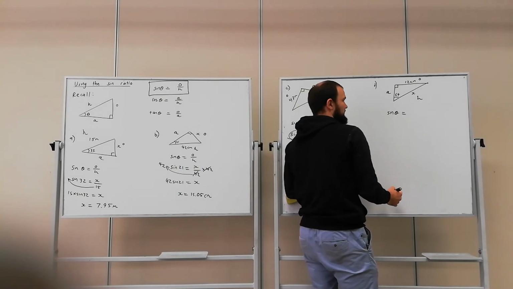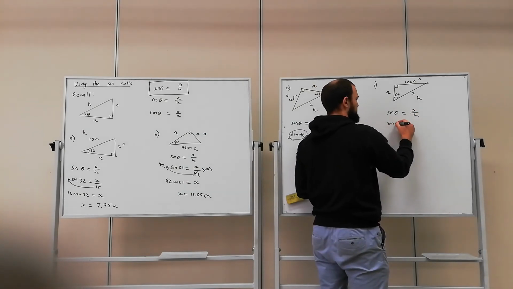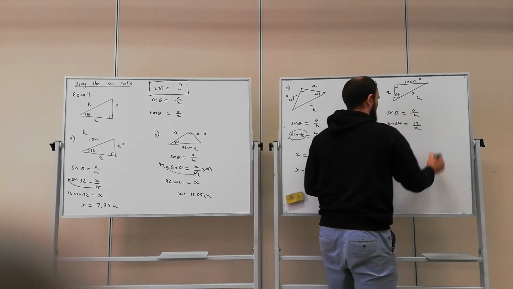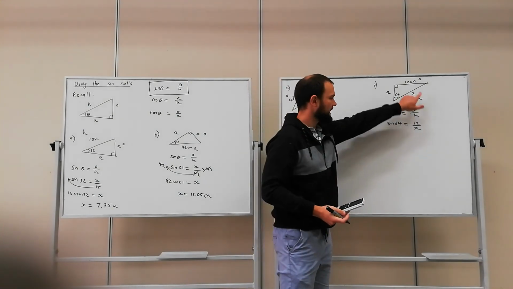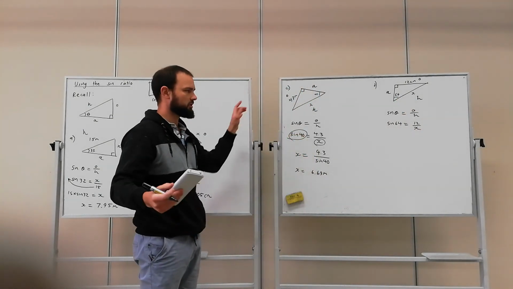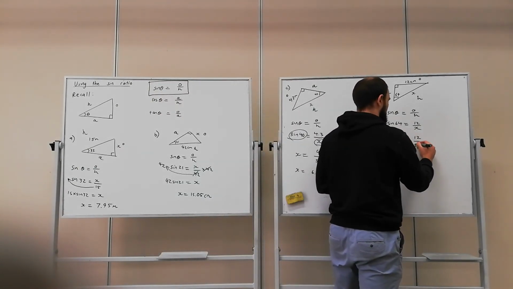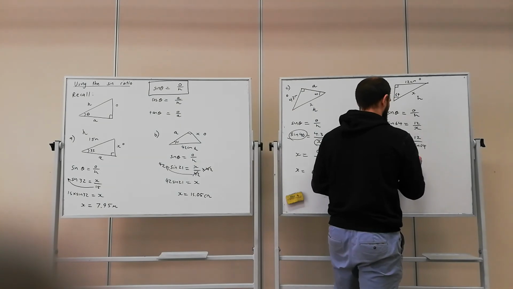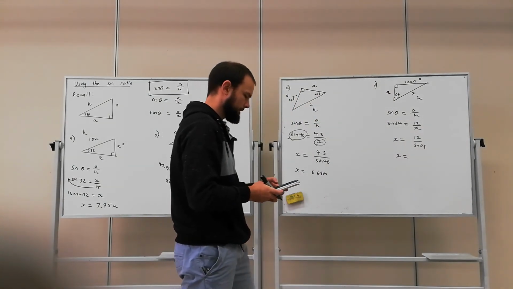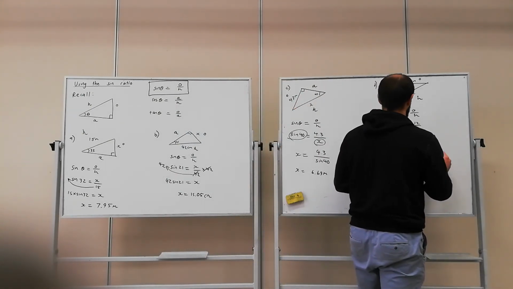Sine theta is O on H, so that means sine 64 is 12 on X. Again, we've got X at the bottom, which means we're performing this method over here where we're just swapping them around. X equals 12 on sine 64. Punch that in our calculator. 13.35 centimetres.